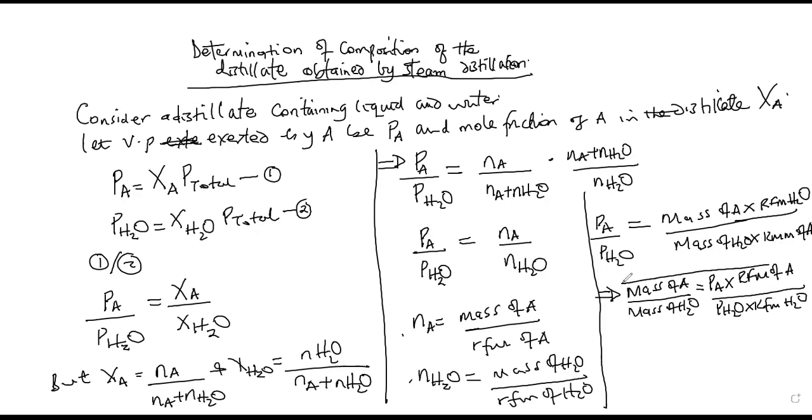I'm making this the subject of the formula, so I take the reciprocal of RFM of water over RFM of A: A goes up, water goes down. This is the formula that we shall be using to calculate some of the numbers. Let's look at examples and see how best we can come about the answers.